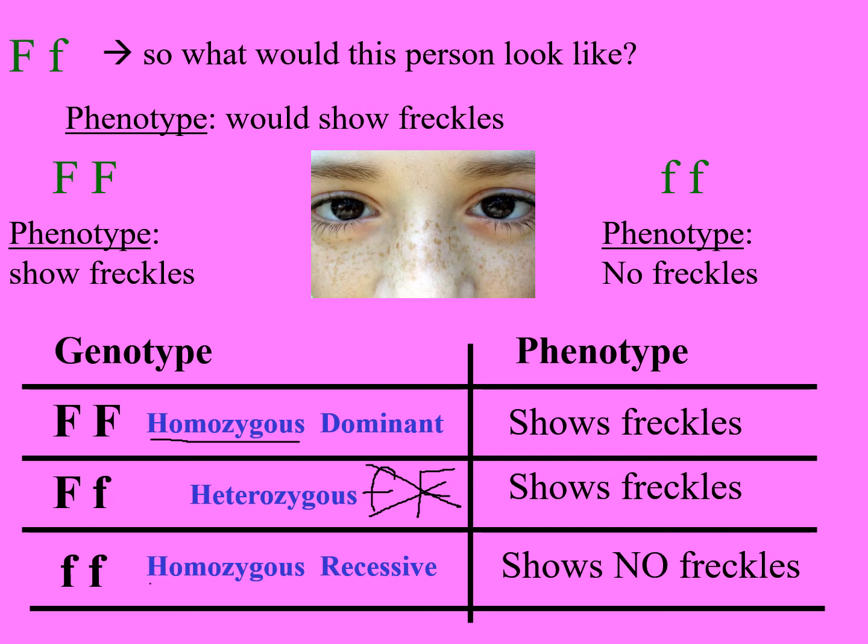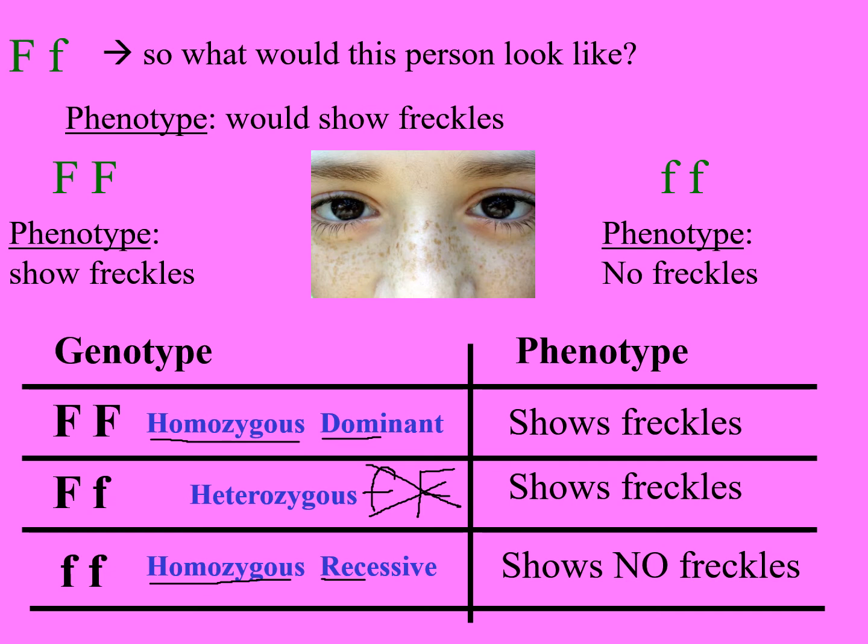And you can see homozygous is used here as well, because both of these are lowercase. And the way you tell the difference between these two is this is homozygous dominant, i.e. both of them are the same and they're both uppercase. Whereas this is homozygous recessive. Both are the same and both are lowercase. So homozygous dominant, the same, both uppercase. Homozygous recessive, the same, both lowercase.